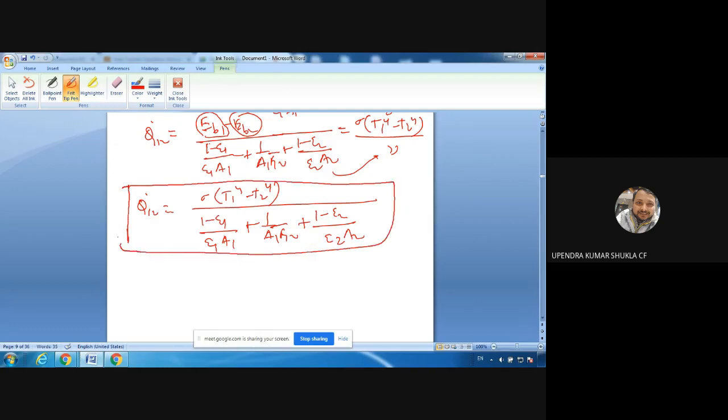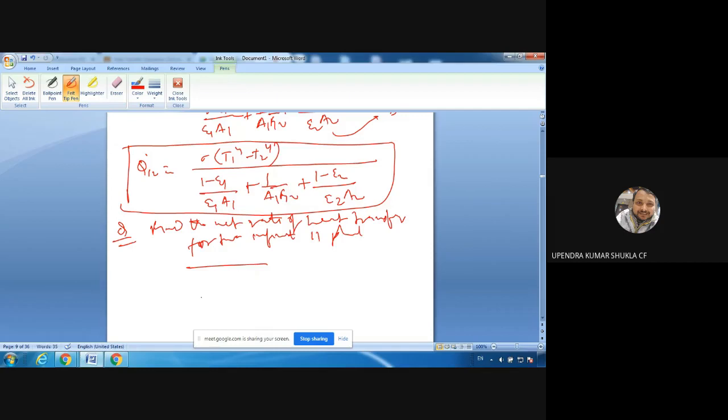Now I will discuss examples. The question is, find the net rate of heat transfer for two infinite parallel plates. So we have taken two parallel plates. Infinitely long means this will go to infinity in this direction.